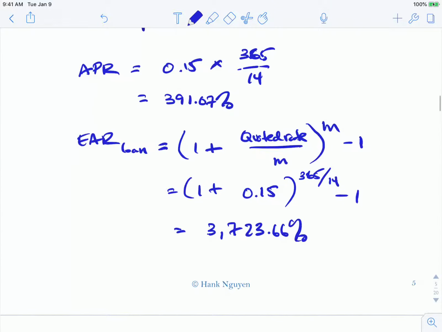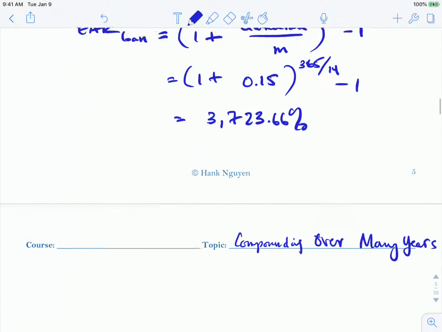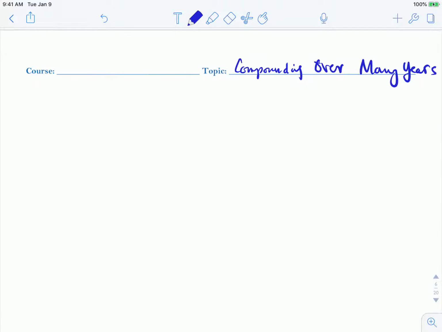Using this formula, we could derive that the future value is equal to your investment today, C1, times (1 plus R over M) to the MT. T will be T years.